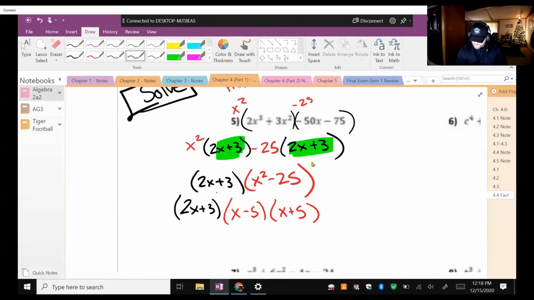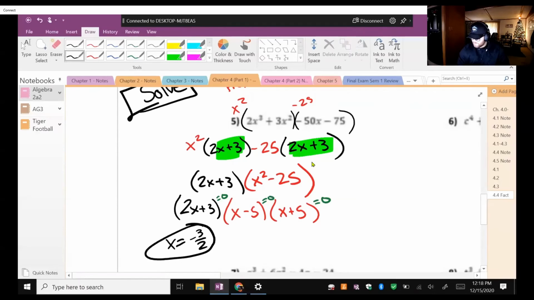So we set each of these factors equal to 0 and solve for x. We could do that in our head. Do I need to show it? Not really. The first factor gives x equals, subtract the 3, divide by 2, negative 3/2. That's your first zero. Your other zeros are x equals positive 5 and x equals negative 5.